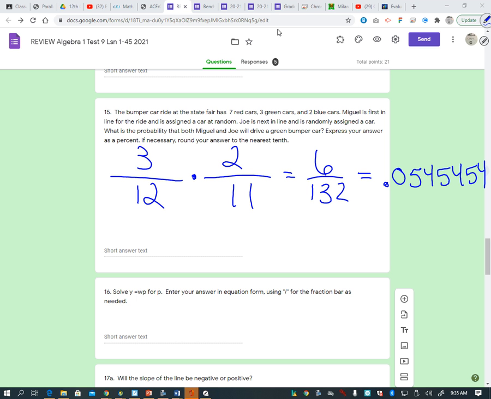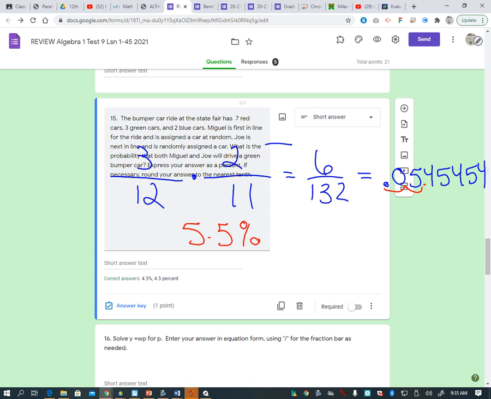Okay, so as a percent, what is it? To the nearest tenth. Move the decimal place 2 places to the right, correct? So it is 5.4, or actually 5.5%. This says 4.5.